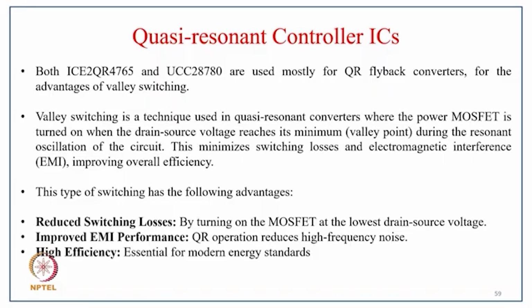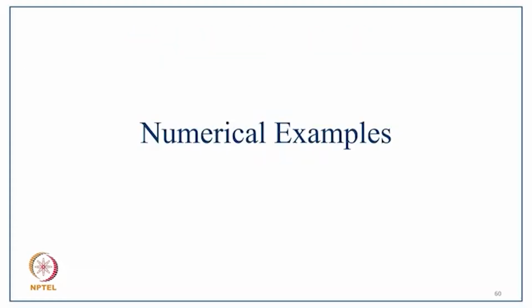This minimizes switching losses and electromagnetic interference, improving overall efficiency. It has the advantages of reduced switching losses by turning on the MOSFET at the lowest drain source voltage, and improved EMI performance. Quasi resonant operation reduces high frequency noise and gives high efficiency, essential for modern energy standards.